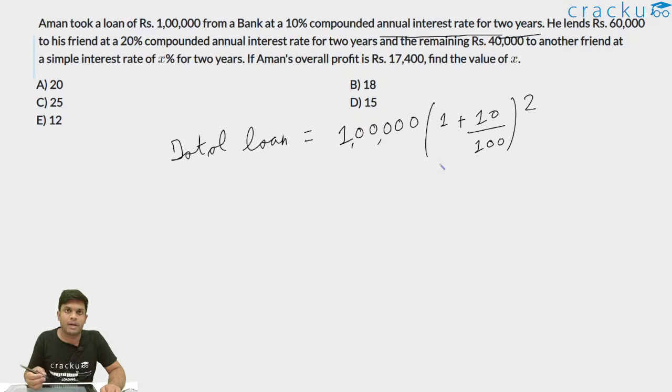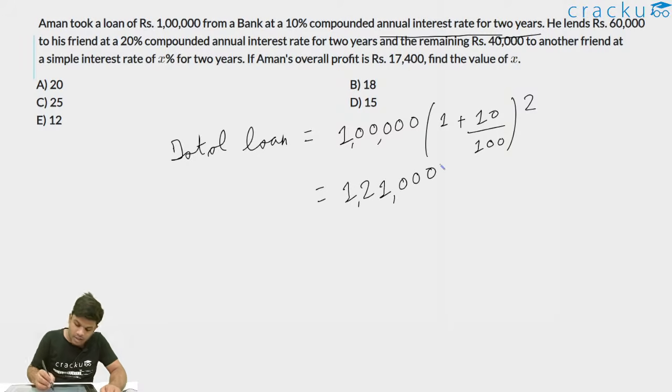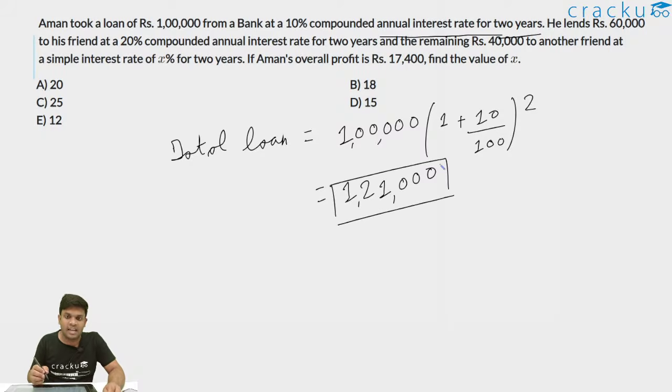This is the formula for compound interest. So once you solve it, you will get 1,21,000. This is the total loan that Aman has to return to the bank, which is 1 lakh plus the compound interest part, and both of them equal 1,21,000.